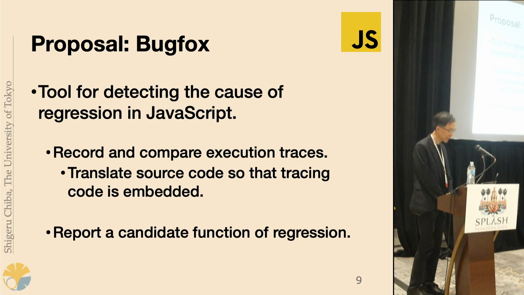It records and compares execution traces, and to get the execution trace, this tool automatically translates source code into different JavaScript code, which includes a bunch of logging code to dump execution traces. After that, it compares them and reports a candidate function of regression.